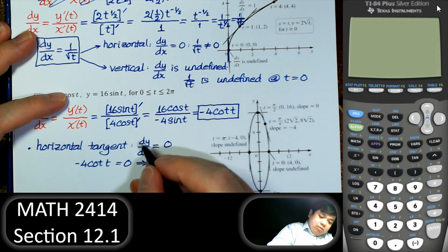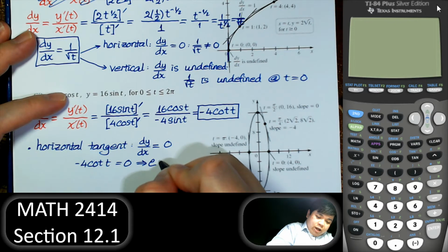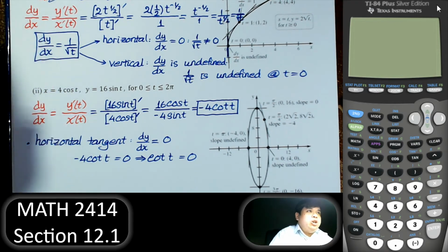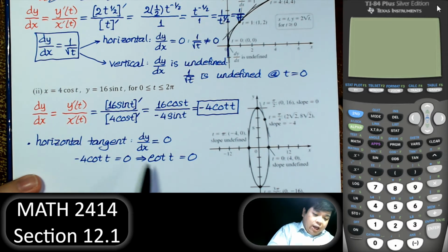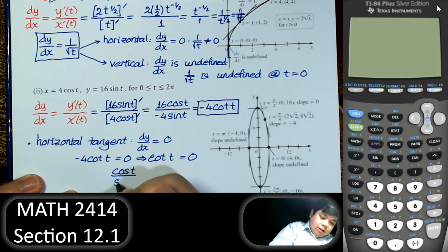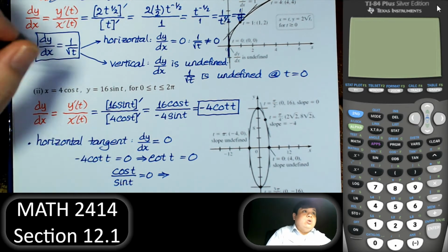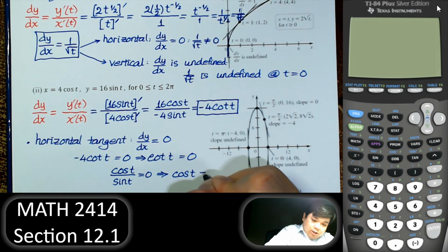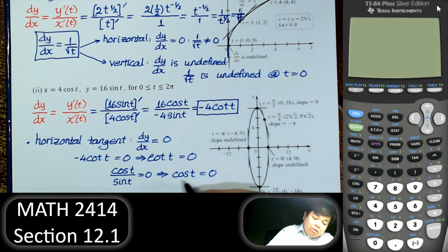That's the same thing as cotangent equal to 0. The negative 4 doesn't really do much. And then cotangent is cosine over sine. If this is 0, then cosine is equal to 0. And cosine equal to 0, we have t equal to pi over 2 or 3 pi over 2.